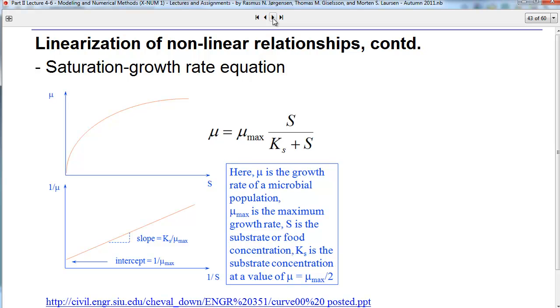If you have a saturation growth rate equation, it's kind of the same little trick you do. But the problem here is that you need to know the maximum growth rate in order to get it exact, but you can have a guess, and then you can fit it anyway to this equation here.